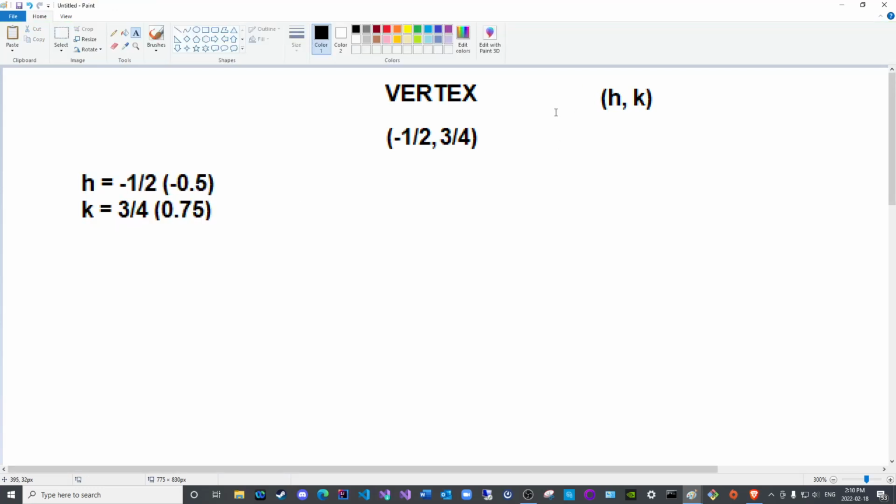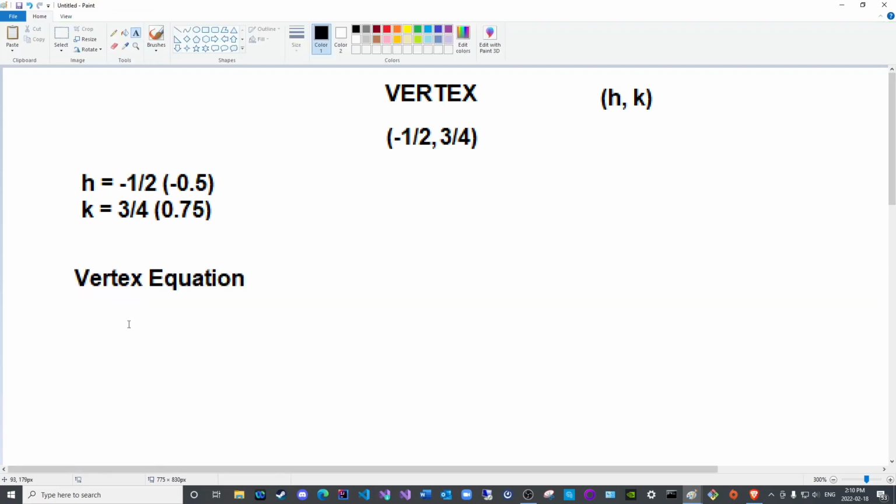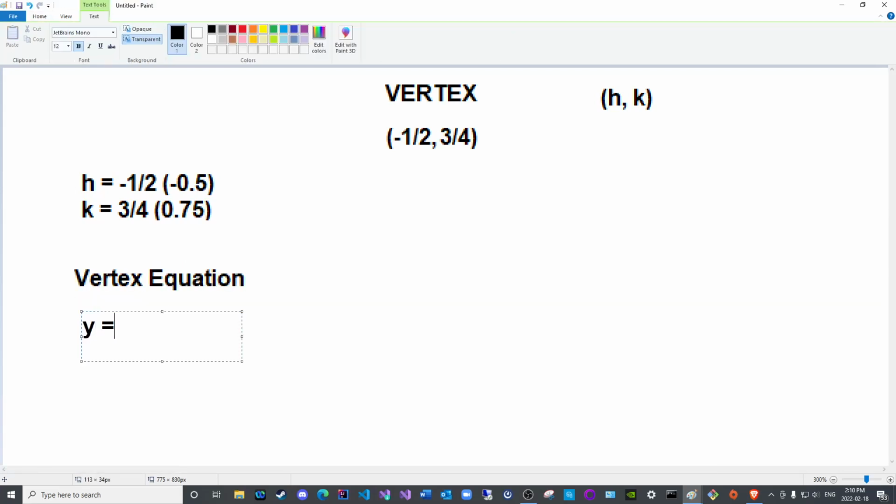There are some times where the equation is provided with the vertex as opposed to the traditional polynomial equation, and this equation has the following format: vertex equation. Its format is as follows: y is equal to (x minus h), all of it squared, plus k.